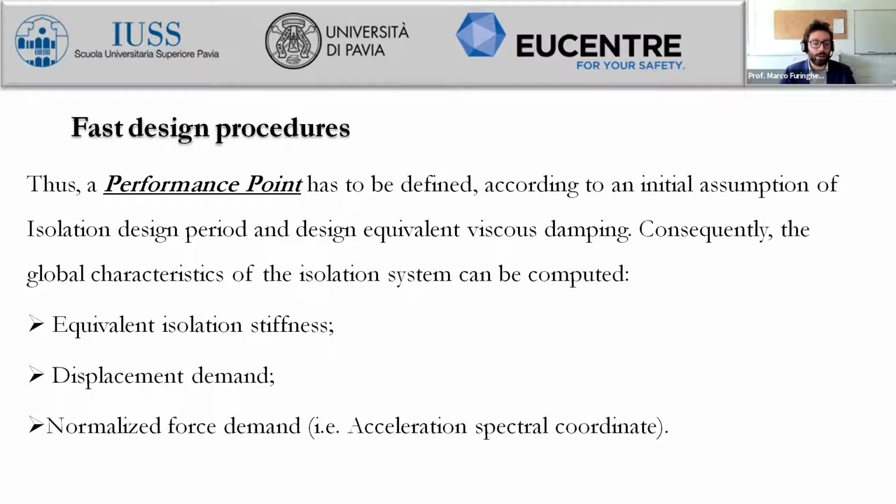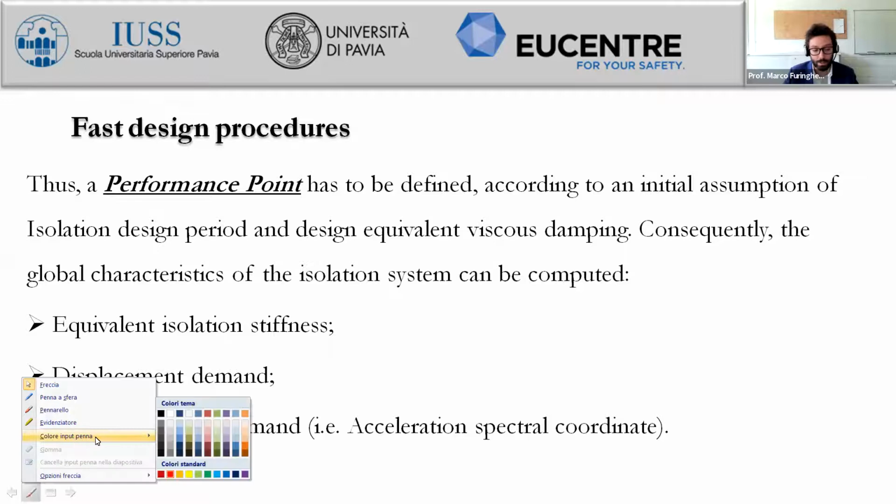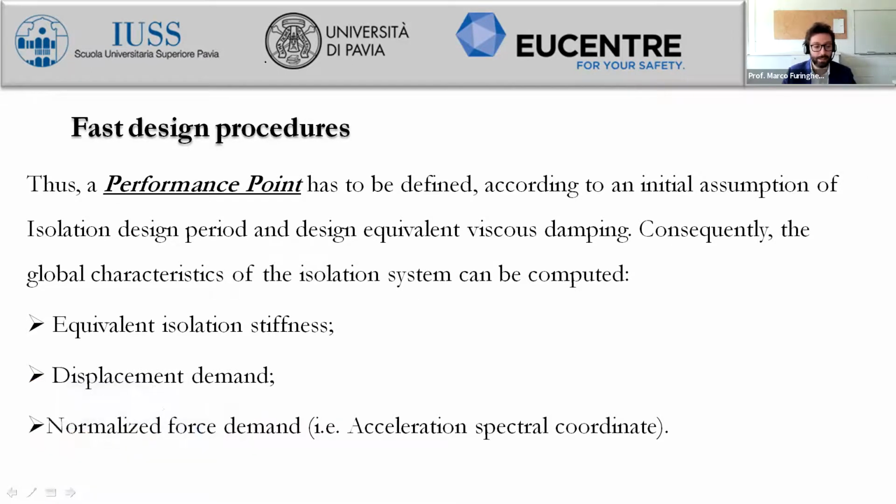According to the definition of the performance point, we can consequently compute what we generally call the global characteristics of the seismic isolation system, which are these three: the equivalent isolation stiffness, the displacement demand, and the normalized force demand. All of them can be computed according to other aspects that have to be initially guessed.